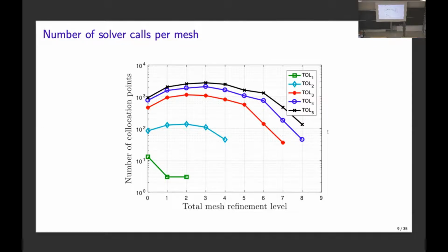So here I have 3 meshes. I'm allocating 100 solves over the 3 meshes, 0, 1, 0, 1, 0, 1. So if you want, each of the 3 meshes is allocated fewer solutions than the previous one. So I don't know if that clears up the thing a bit. I think so. Okay.